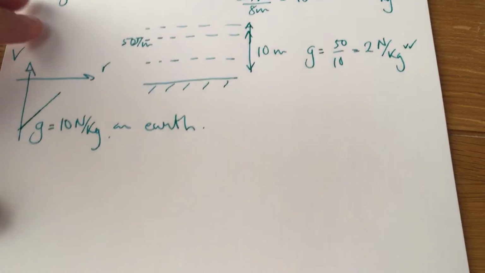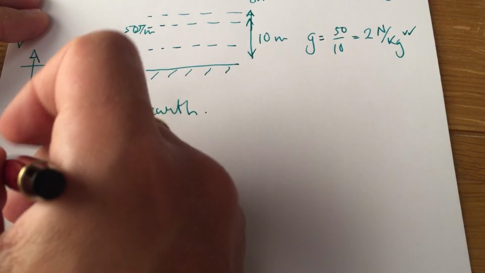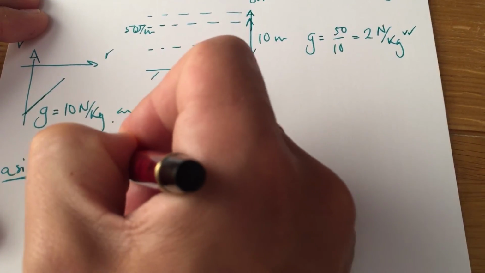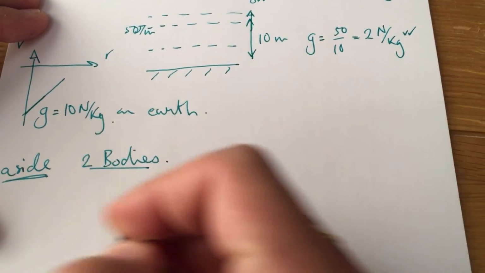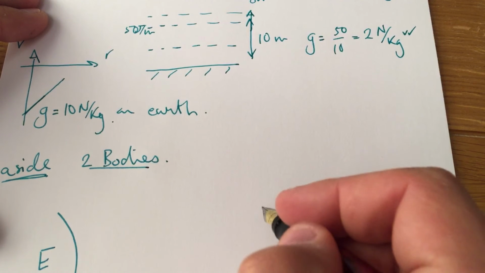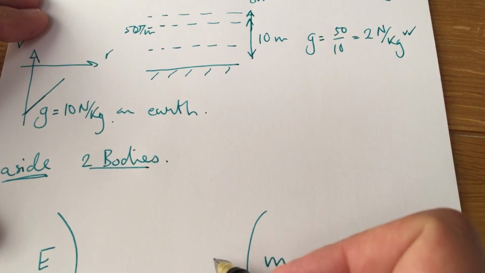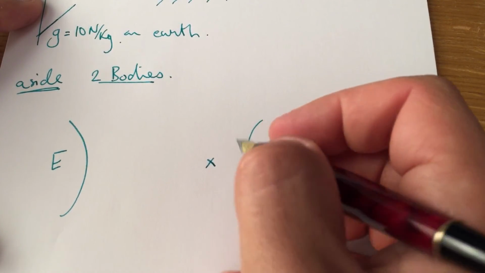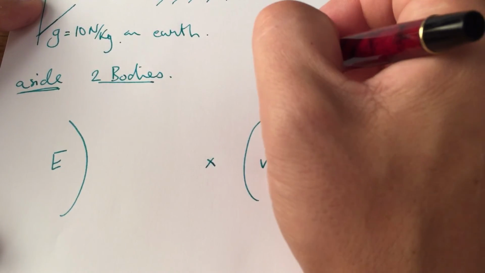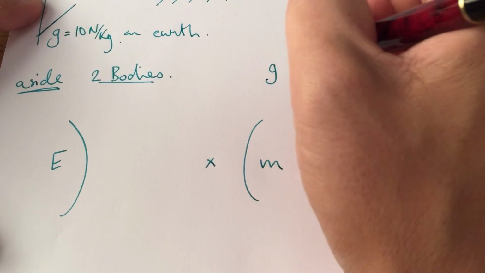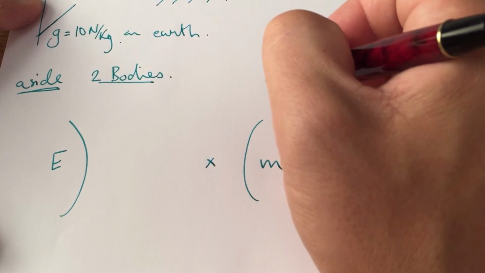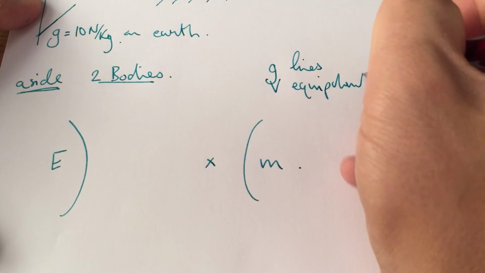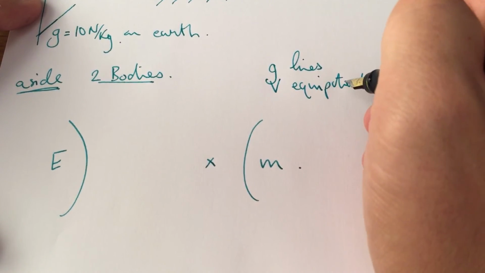And perhaps it's worth me, just as an aside, considering two bodies, say the Earth and the Moon, and we knew from the field lines that there's a zero point here. So what are the field lines and equipotentials? If you can sketch the field lines and the equipotentials, then do so.